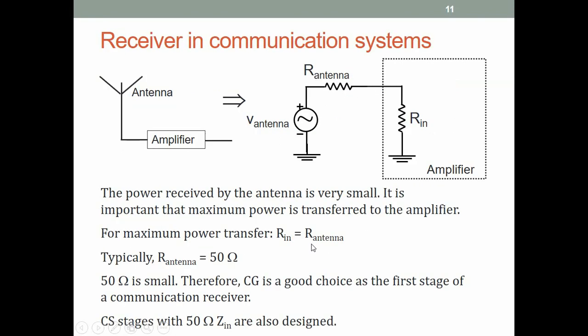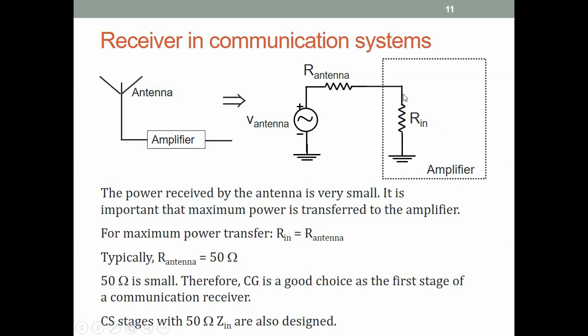So let's look at that for a minute. Any communication receiver will have an antenna, and the antenna will pick up a signal, and that signal is directly fed to an amplifier. That amplifier is in RF terminology called a low noise amplifier, just for your information. If you represent the antenna by a Thevenin equivalent, the antenna can be represented by a voltage source in series with the Thevenin equivalent resistance of the antenna, and the amplifier input would be the Thevenin input resistance Rin.